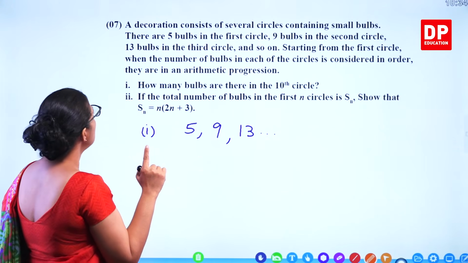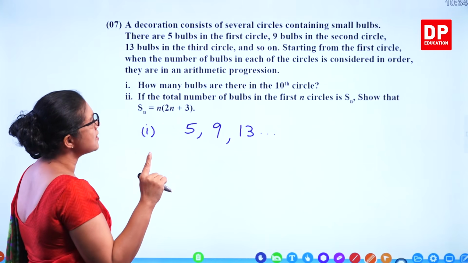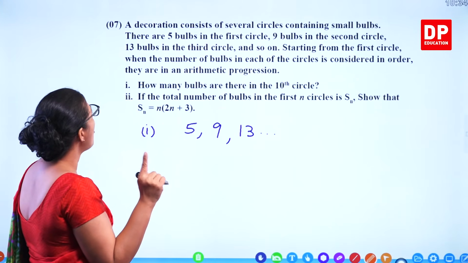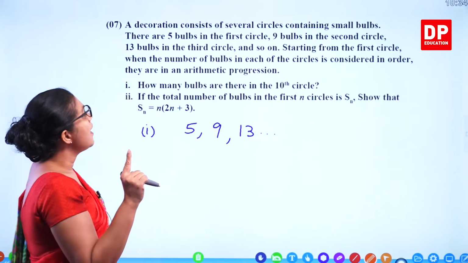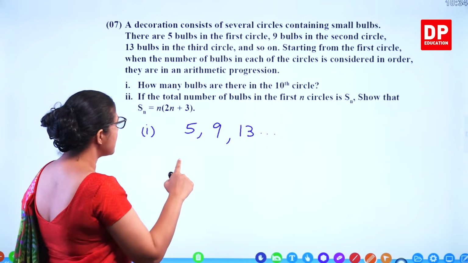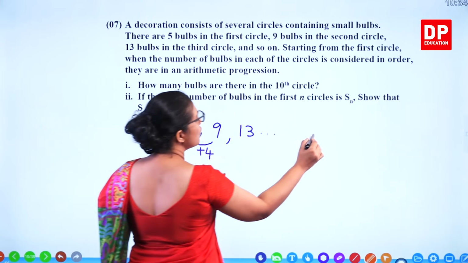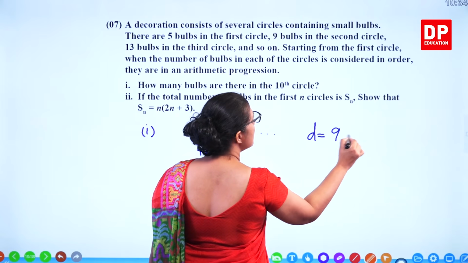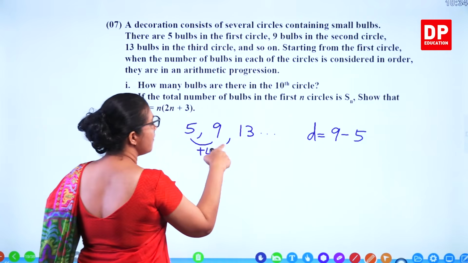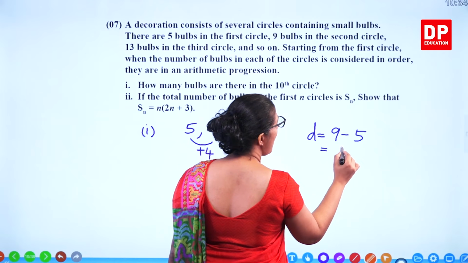Starting from the first circle, when the number of bulbs in each of the circles is considered in order, they are in an arithmetic progression. So what's the difference? Adding 4. So the difference is you can subtract and find out 9 minus 5, that's 4.